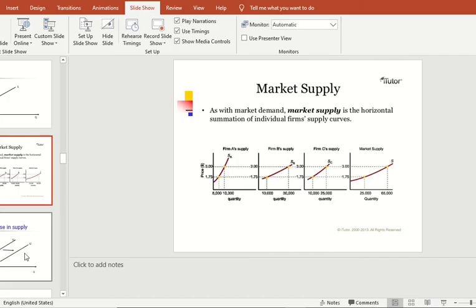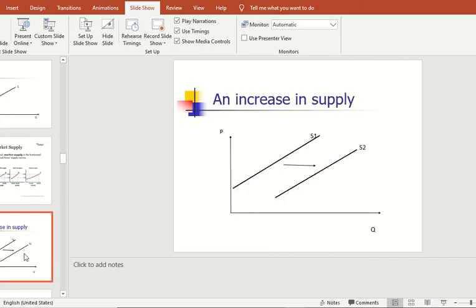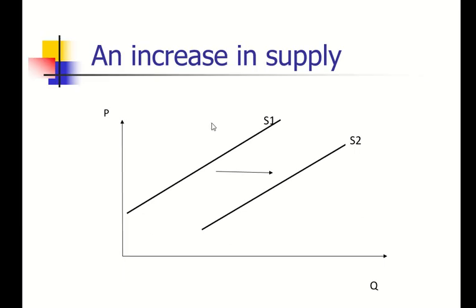Let's play with the supply curve a little bit, so let's just get familiar with it. This represents an increase in supply. It is illustrated by a rightward shift of the supply curve. If you're not sure, you can always do a little experiment.